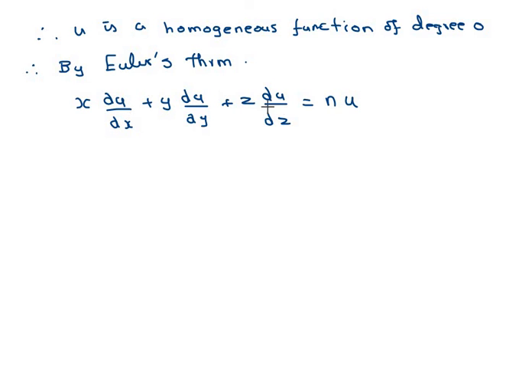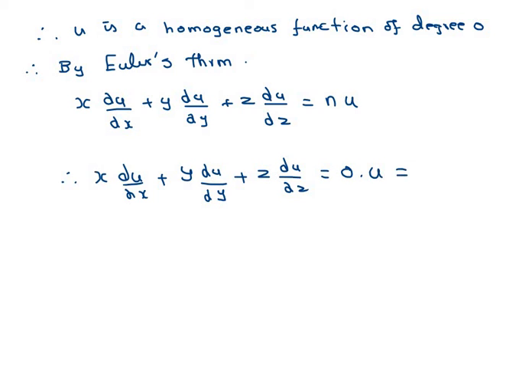So here we have n is equal to 0. Therefore, we have x dou u by dou x plus y dou u by dou y plus z dou u by dou z is equal to 0 into u, which is equal to 0. This is the required solution.